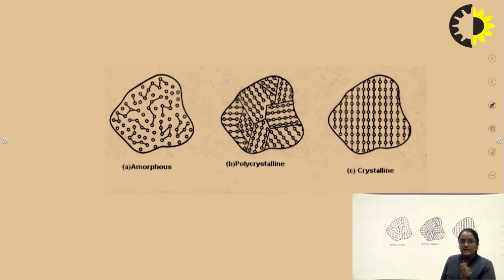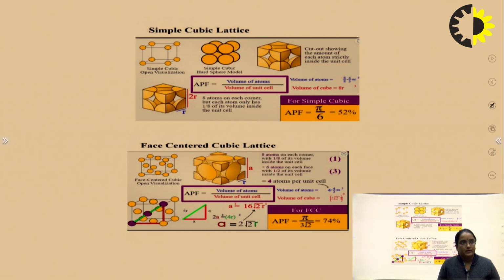That is, in polycrystalline, the atoms show a periodic fashion in a particular region of interest, that is, in a grain, but if we consider the entire structure, it can be considered as non-periodic.